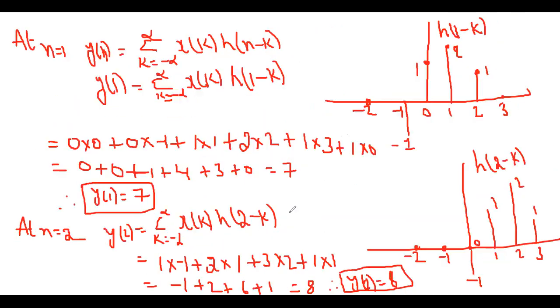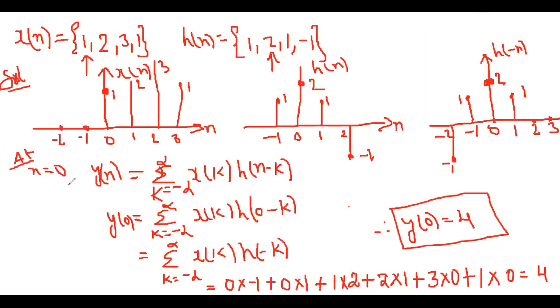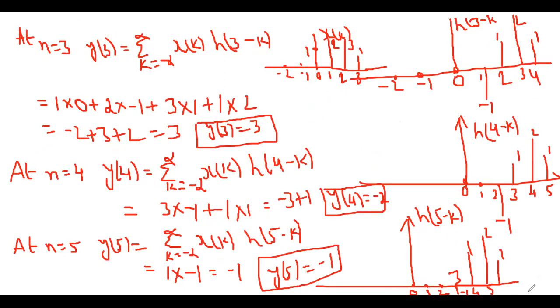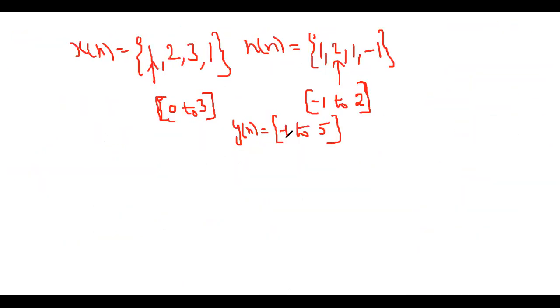Previously we found the values starting at n equal to 0 onwards: n is equal to 0, 1, 2, 3, 4, and 5. But here it starts from minus 1, that means at n is equal to minus 1. What is the function?